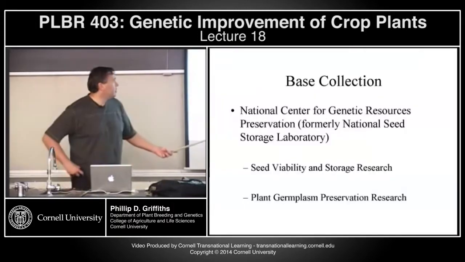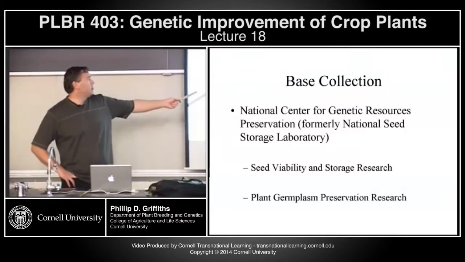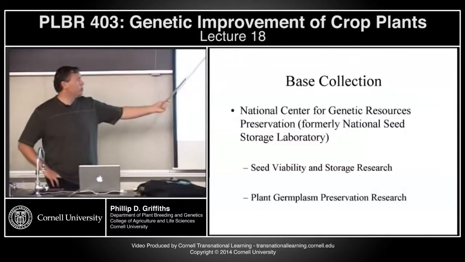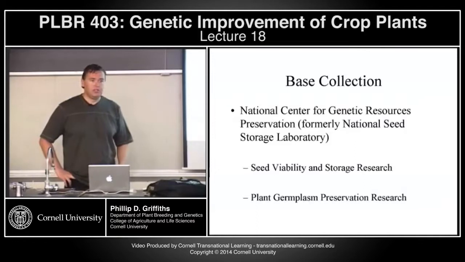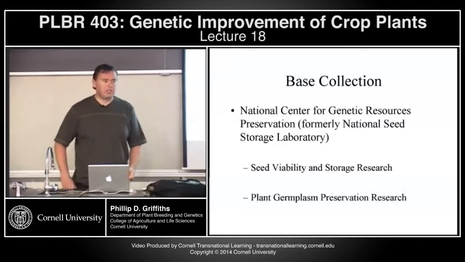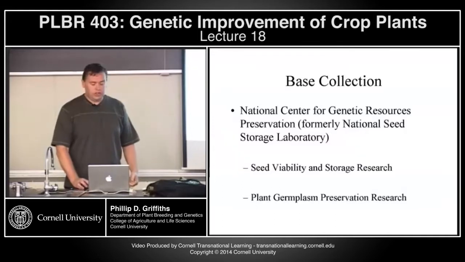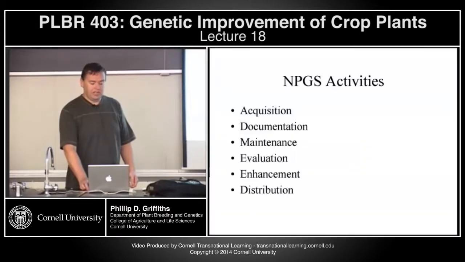The base collection is based at Fort Collins, Colorado, formerly the National Seed Storage Laboratory, now called the National Center for Genetic Resources Preservation. If you ever have a chance to visit here, I would recommend you do. It's quite an impressive place to look at germplasm. They also do a lot of research on such things as the viability of germplasm and also the molecular study to look for duplications, for example.